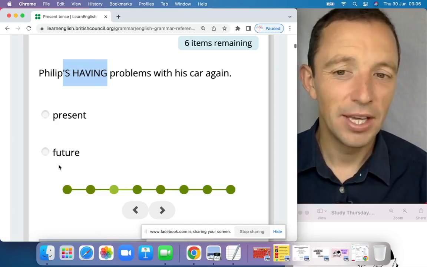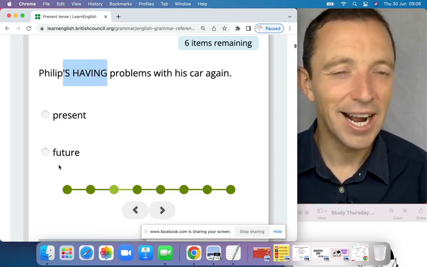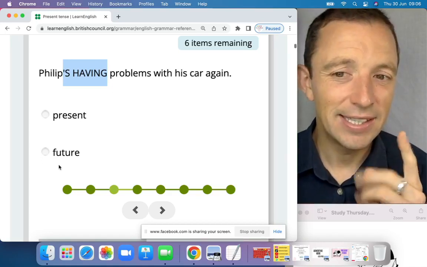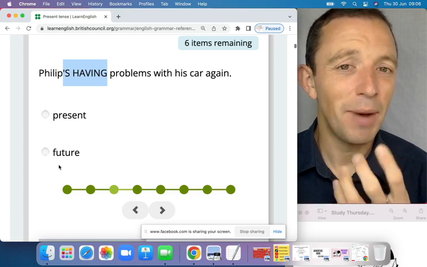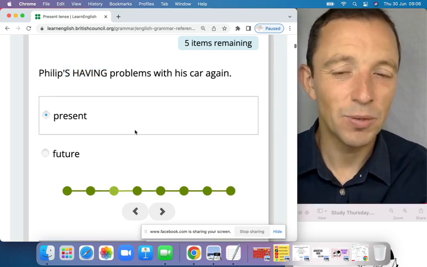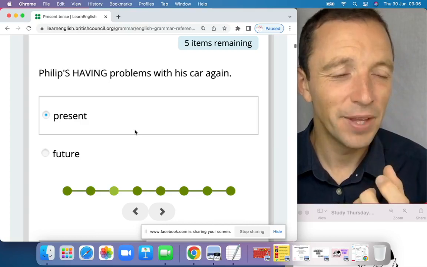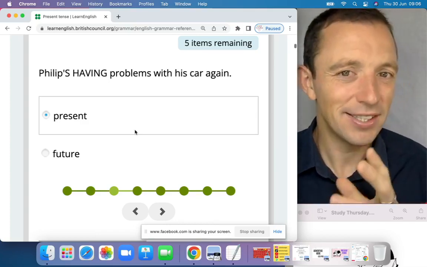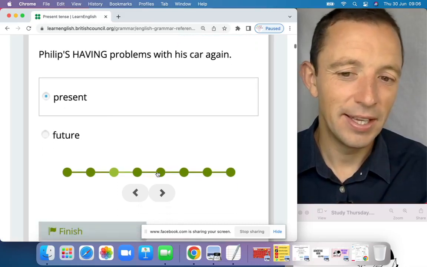What do you think? Philip is having problems with his car again. For me, I think it's the present because Philip has the problems at the moment. So Philip is having problems with his car again now. And that's interesting. And I think that's the present expression. Next.